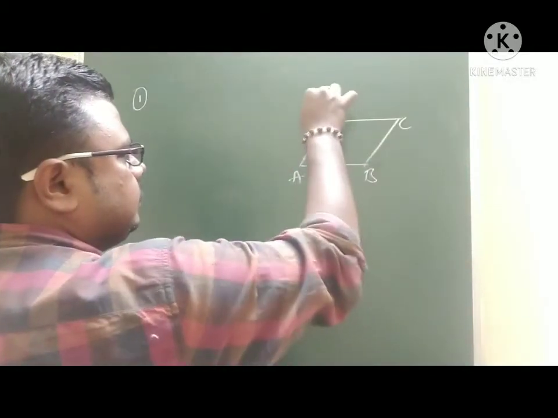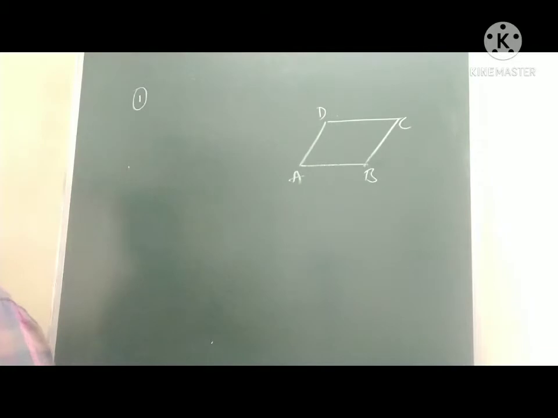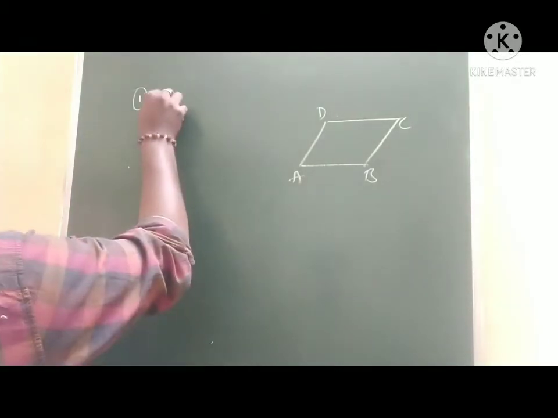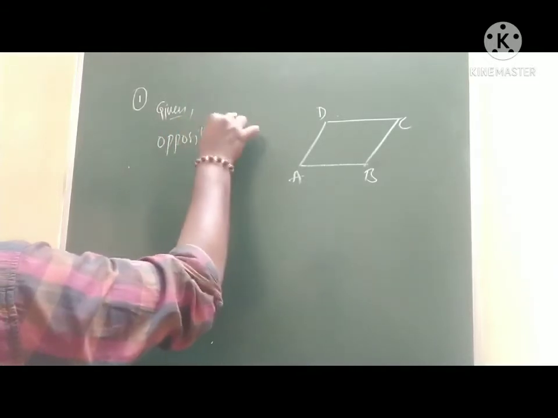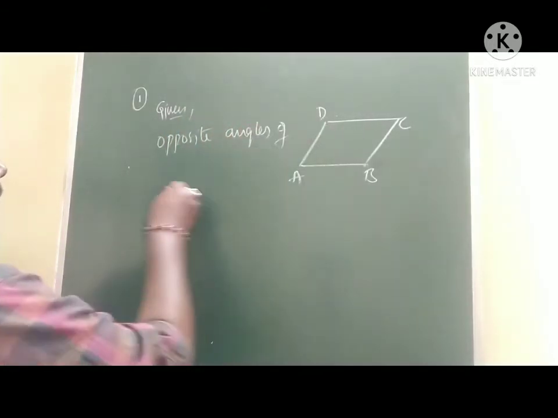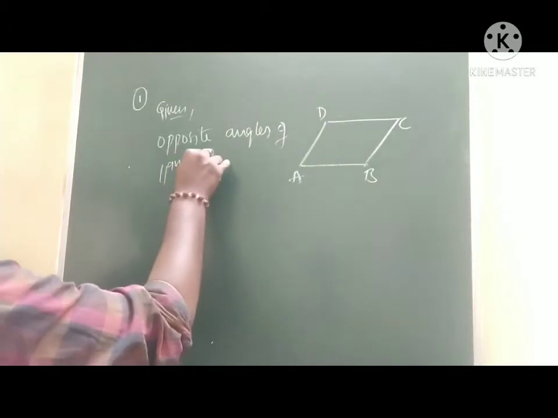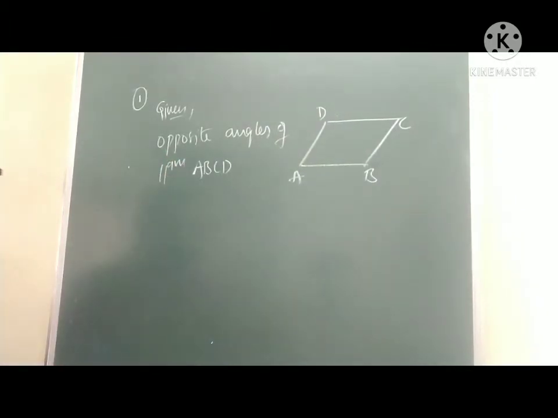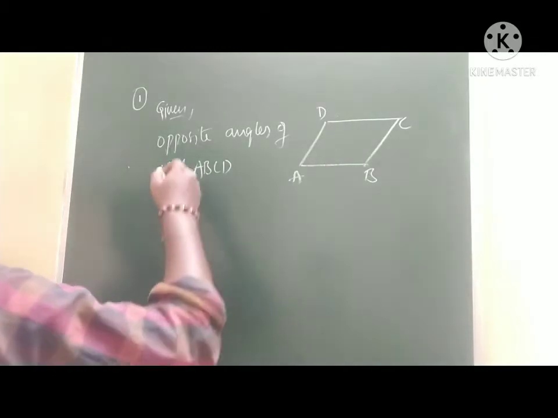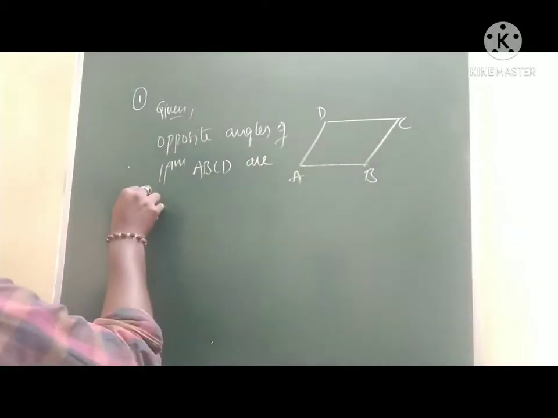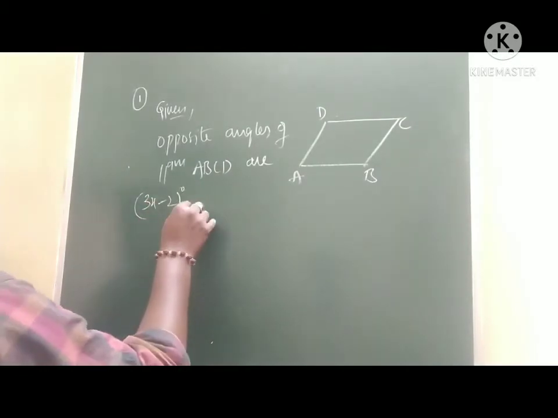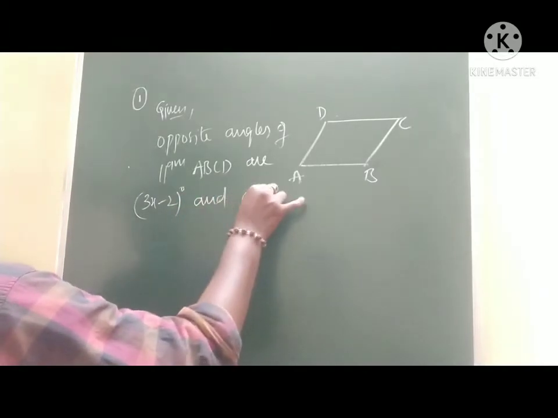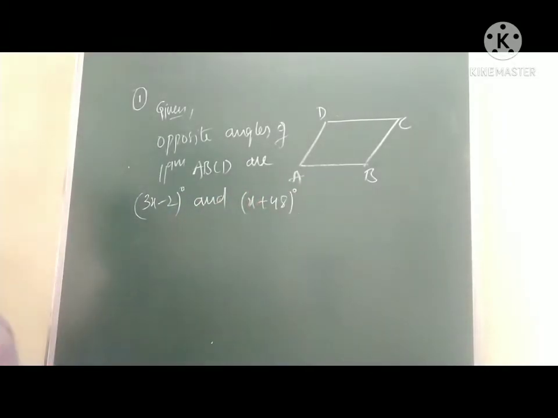ABCD, in which, as they have given, the opposite angles of parallelogram ABCD are 3x minus 2 degrees and x plus 48 degrees, and they are asking to find the measure of each angle.